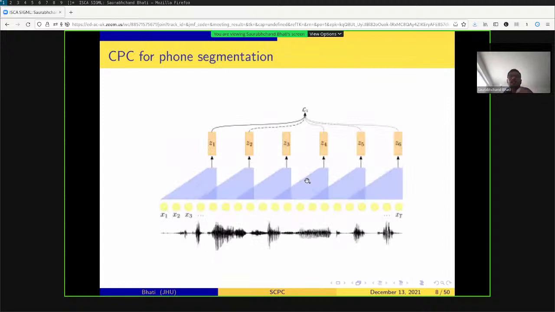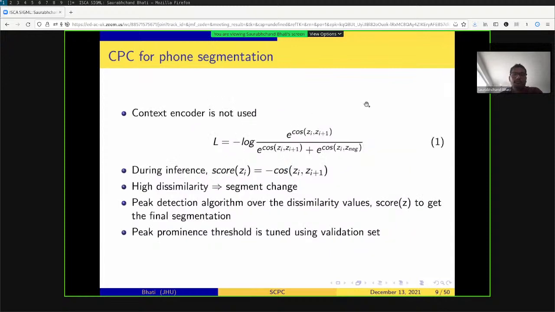And recently, it has been modified to do phone segmentation. And if you see, there are two main differences. One difference is there is no context encoder in CPC for phone segmentation, and they are trying to minimize the loss between two frame-level representations.